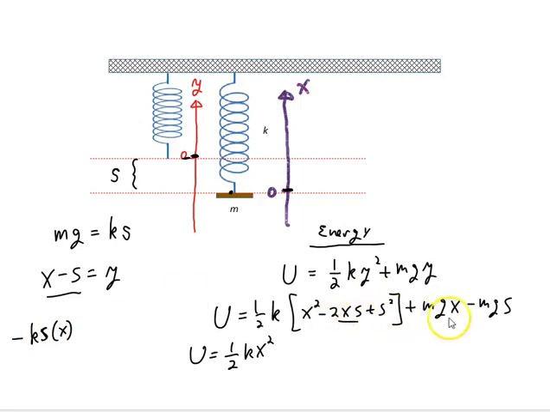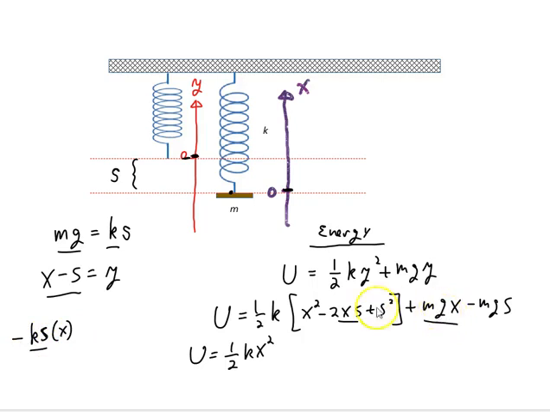And I want to combine that with this term here. I guess it was this one, right? Because ks is mg. So the 1/2 k times minus 2xs, which is minus ksx, is also minus mgx.